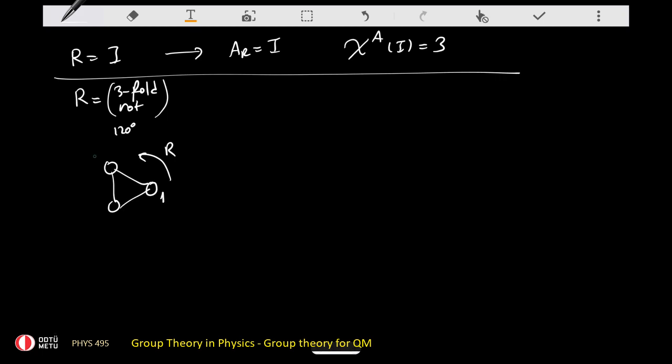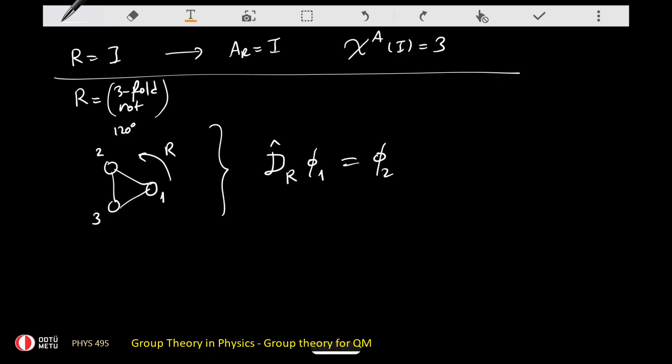So that means this rotation maps 1 into 2 and 2 into 3. So you can see that the corresponding rotation operator in the Hilbert space takes the 1s orbital that's located on the first atom and maps it to the 1s orbital on the second atom, right? Please keep in mind that this is an s orbital. If I rotated it around the center on this atom in here, in that case the wave function would not change.